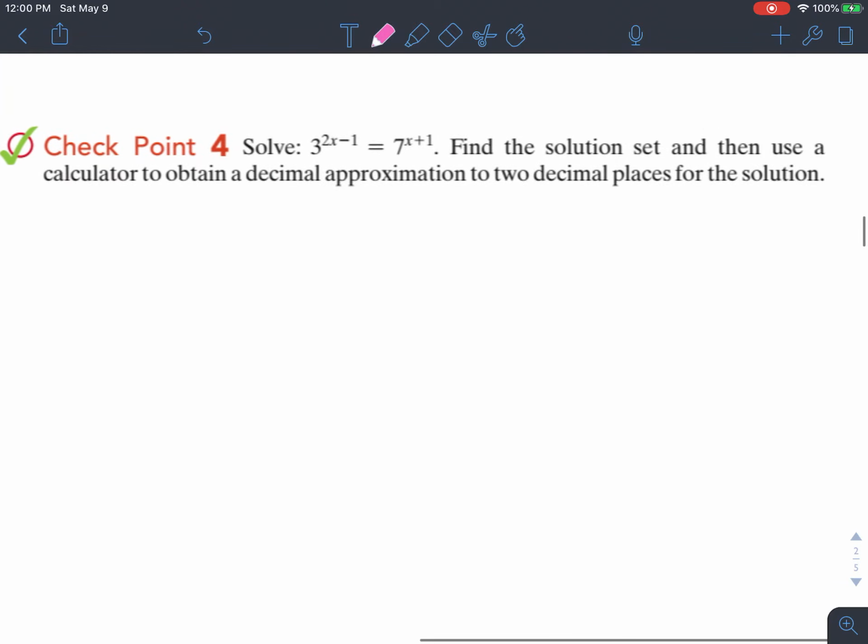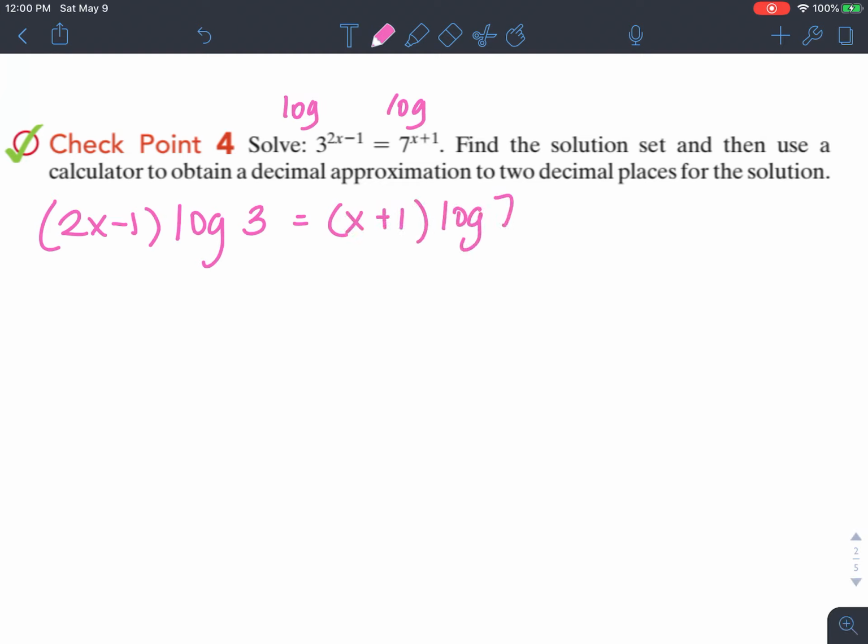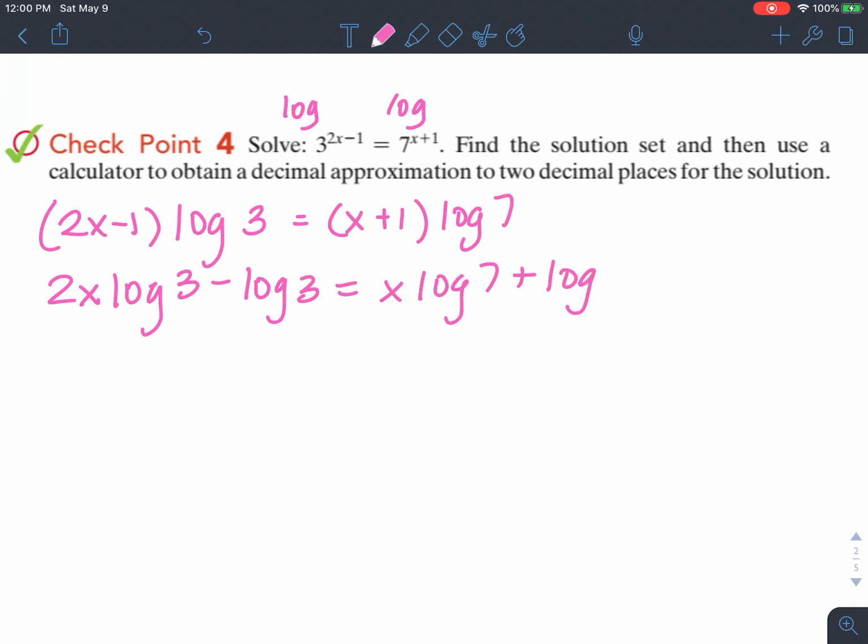We'll try another one. Okay, so same setup. First, we're going to take the log of both sides. The exponent comes out front. Then we distribute. We get the x's on one side and the non-x's on the other.